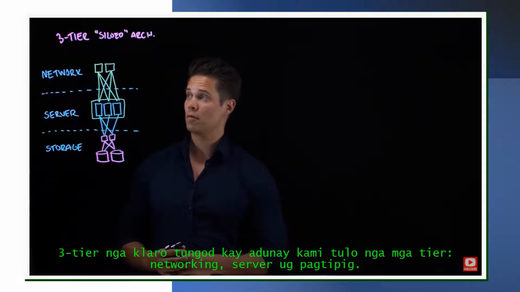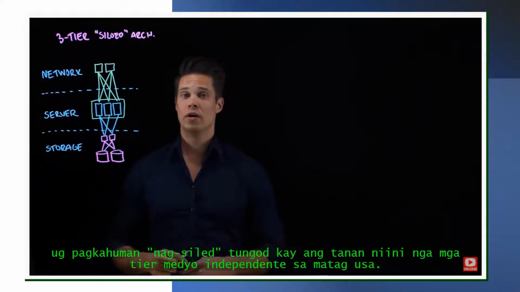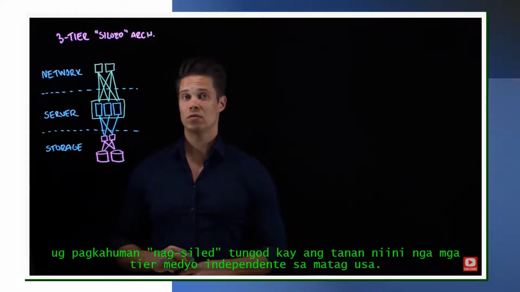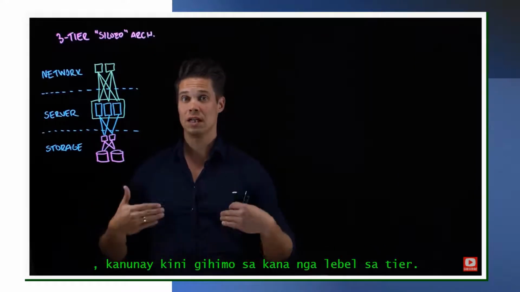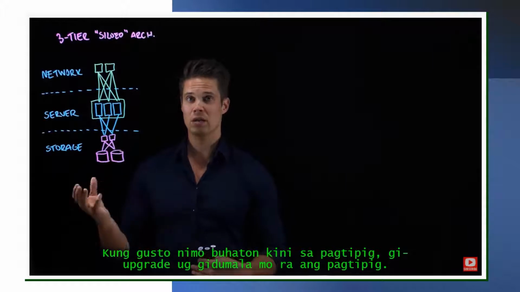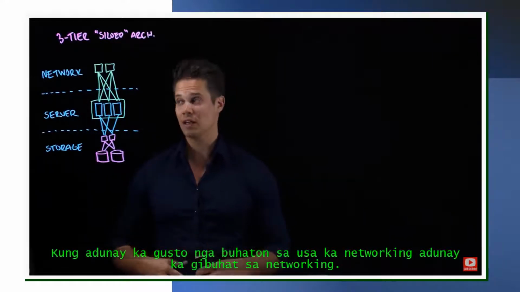Three-tier, obviously, because we have three tiers: networking, servers, and storage. And then siloed, because all of these tiers are quite independent of each other. When you want to operate something, when you want to manage something, it's always done at that tier level. If you want to do it in storage, you only operate and manage storage. If you want to do something in networking, you do something in networking.